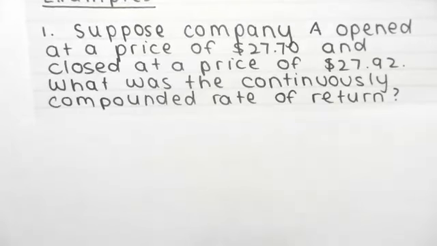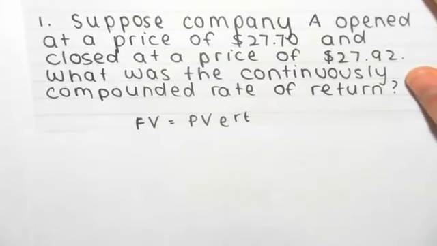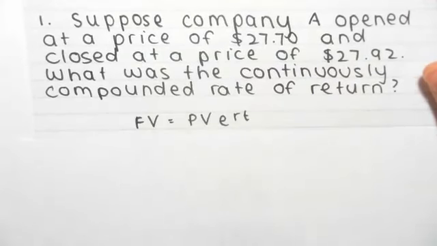So suppose we've got a company which opened at a price of $27.70 and closed at a price of $27.92. What we want to do here is use the continuous compounding formulas to determine a continuously compounded rate of return. So our future value formula is what we're going to use here.